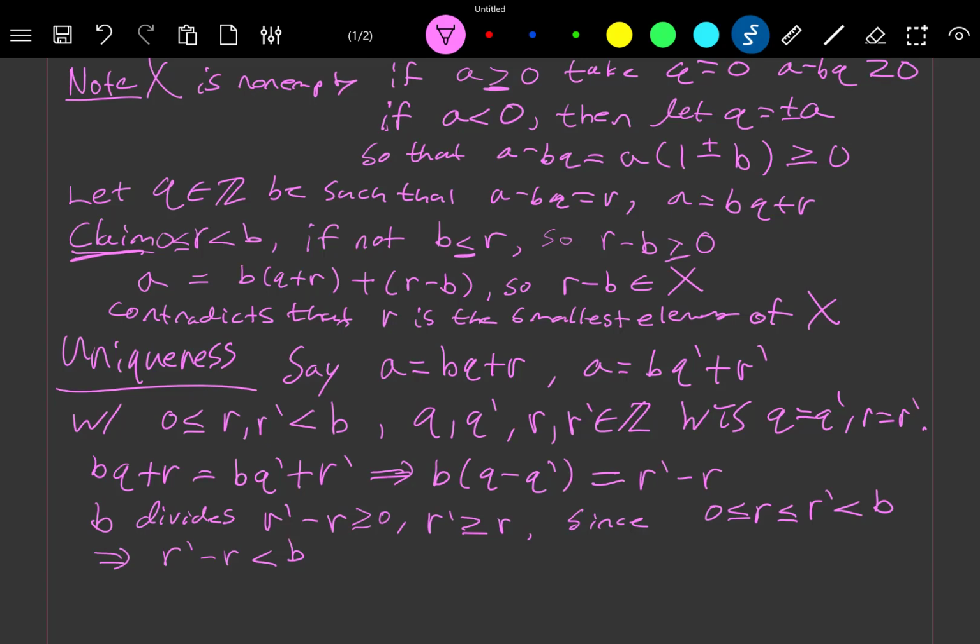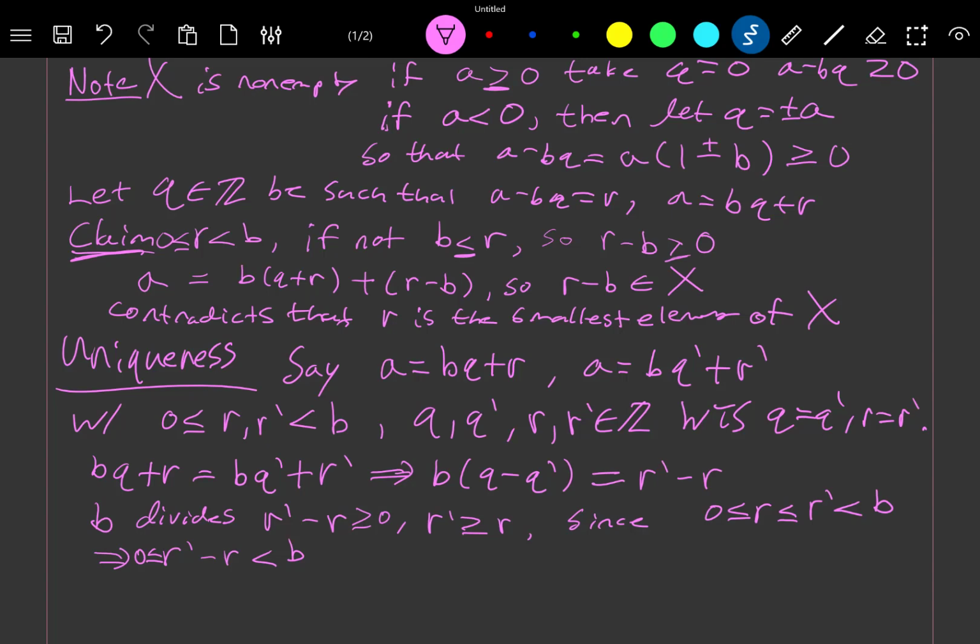Because, well, R prime is less than B, and we're just subtracting something positive. And it's also greater than or equal to 0. So we know R prime minus R is between 0 and B.